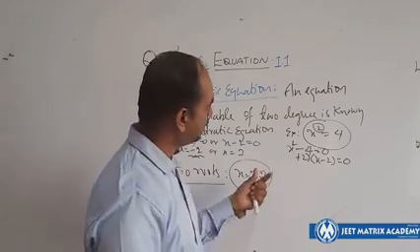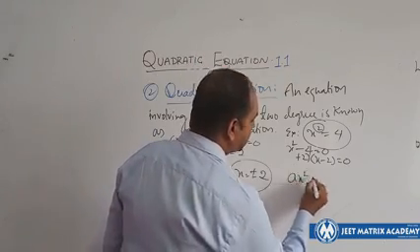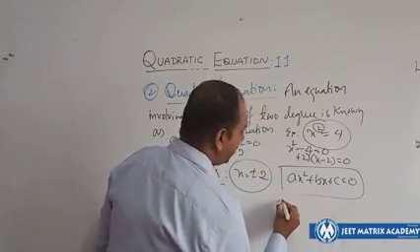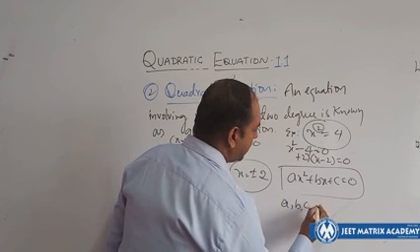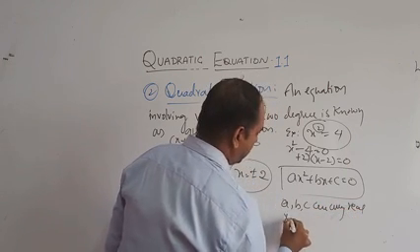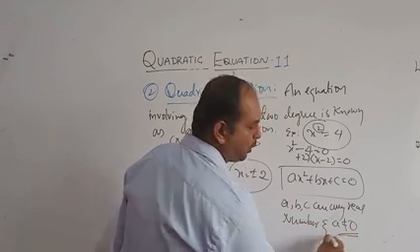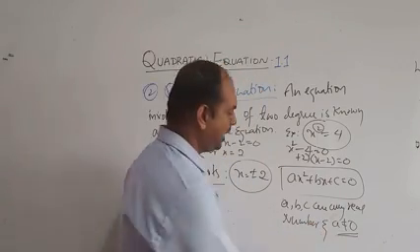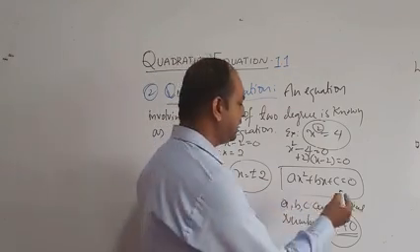This is how you are supposed to solve the equation. In general, it is in the form of ax square plus bx plus c equal to 0, where a, b, c are any real numbers, and a should not equal to 0. This is the most important condition for a quadratic equation. Every time you have to check: if a becomes 0, then this is not a quadratic.